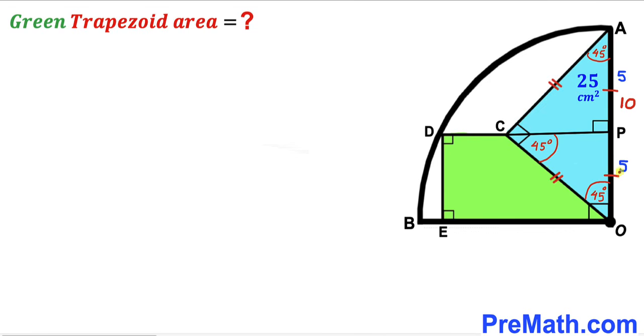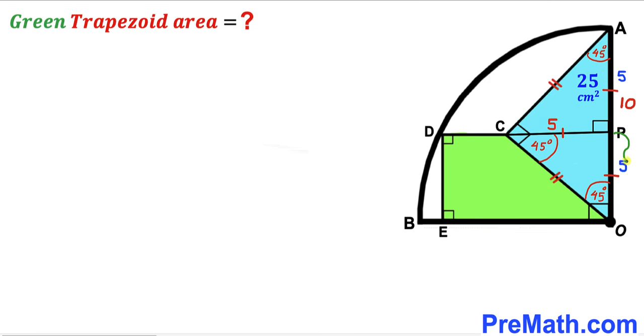Therefore, we conclude that this side OP is going to be equal to this side CP. Both have equal lengths. So if this side length is 5, then this CP length is going to be 5 as well.